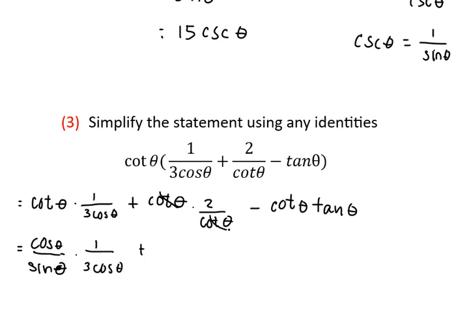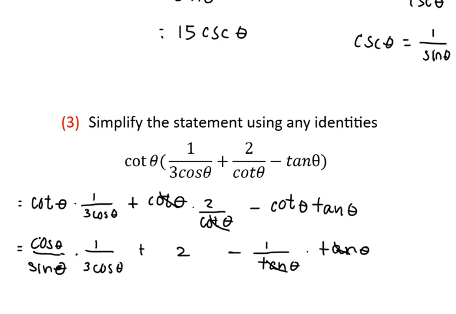This cancels out, so what's left here is 2. And cotangent is the reciprocal of tangent, so we can rewrite cotangent theta as 1 over tangent theta times, don't forget to write this, tangent theta. So this also cancels out, and what's left is 1.